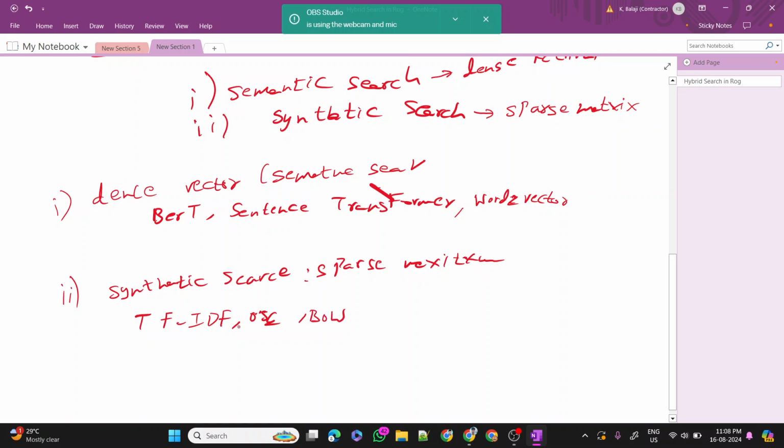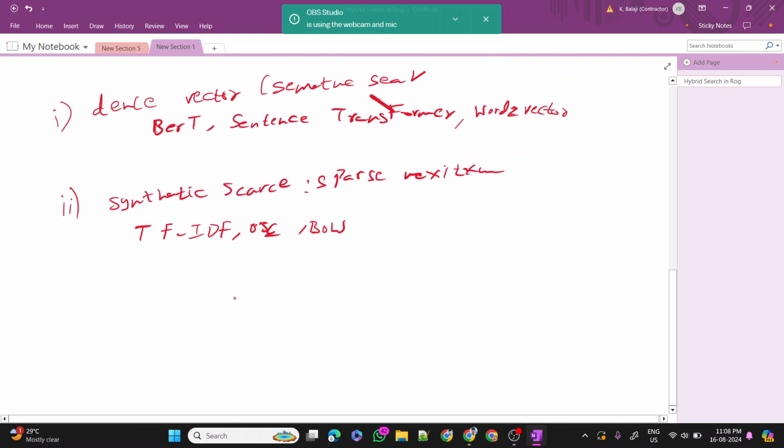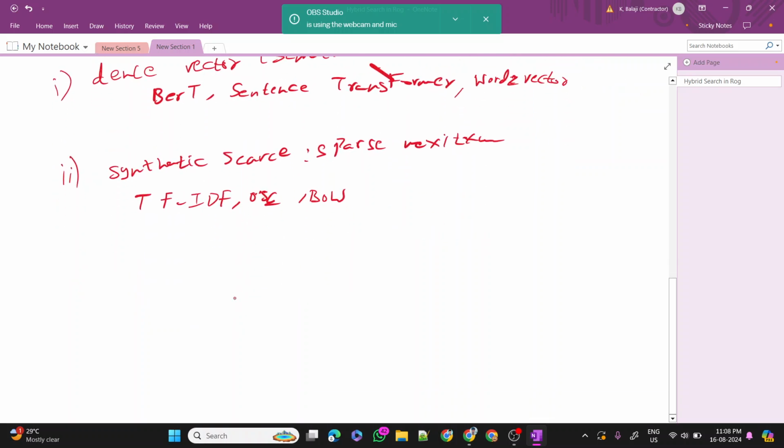By using these kinds of techniques, we form a sparse matrix. Let's take an example: this is good. When we apply a sparse matrix to this sentence, it will look like this.